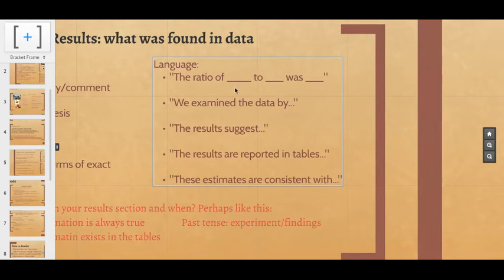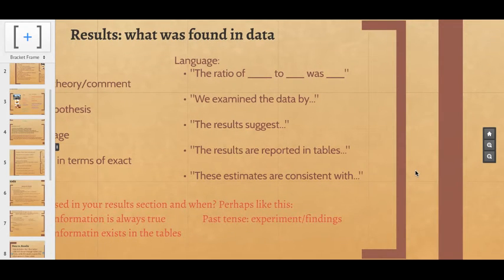The ratio of 2 to 3 was ... We examined the data by ... The results suggest. The results are reported in tables 1 and 2. These estimates are consistent with this author's research. So again, it's very factual language, very short and simple.